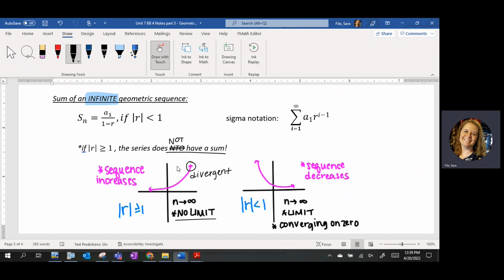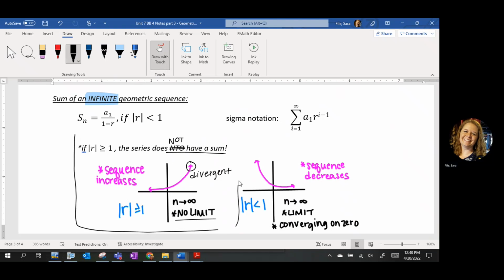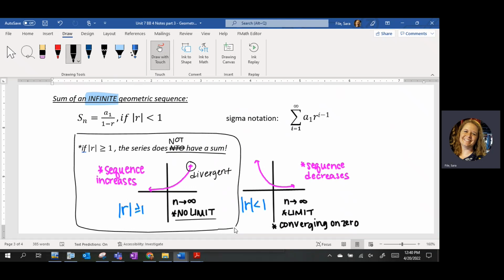Okay, this series right here, this picture on the left, does not have a sum of an infinite series, geometric series. However, on the right, if the sequence is decreasing like this graph, it is definitely converging to 0.